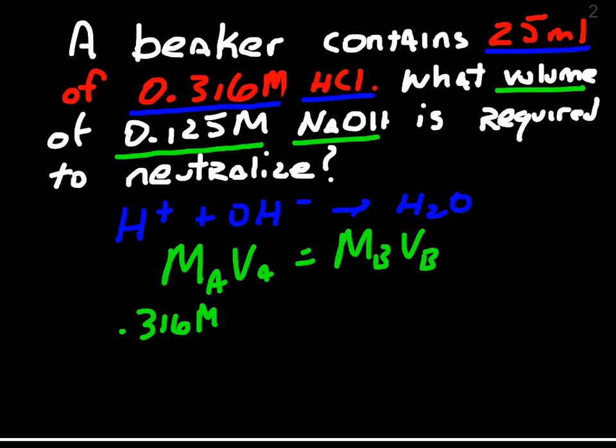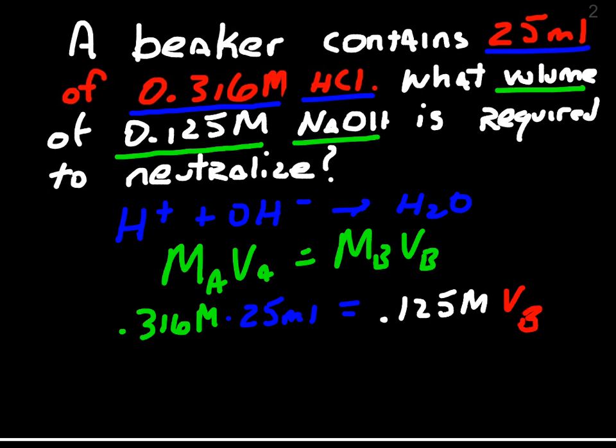The volume of the acid is 25 milliliters. I'm going to multiply those. That is going to equal the molarity of the base, which is 0.125 molar. And I'm going to now solve for the volume of the base.